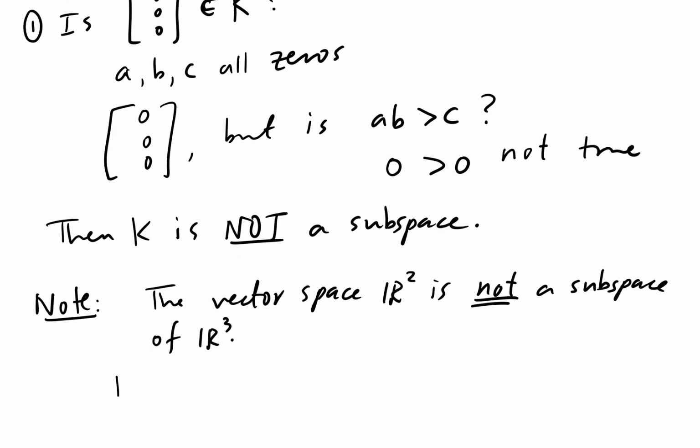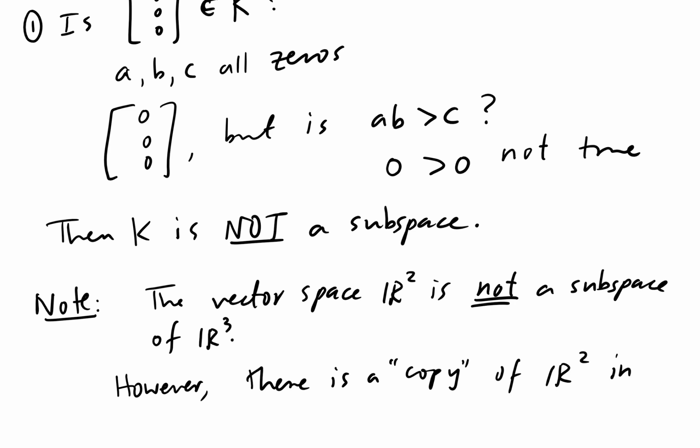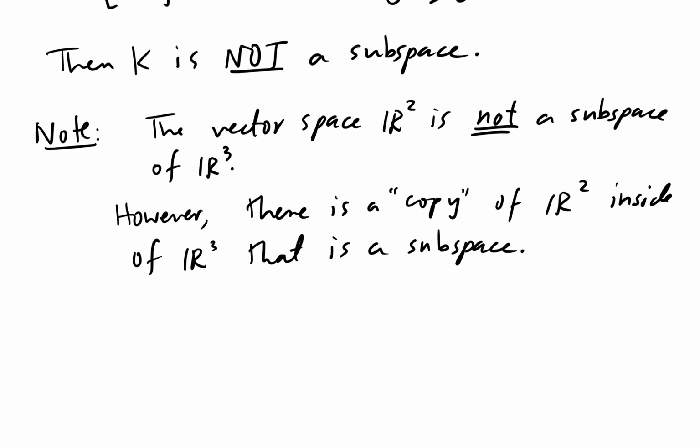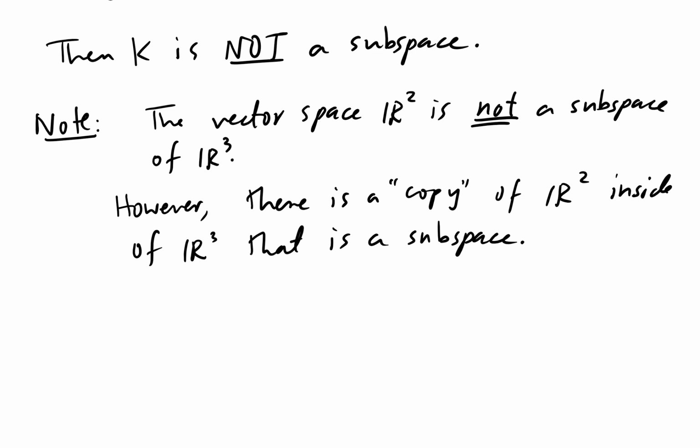However, there is, I call it, a copy of R2 sitting inside of R3 that is a subspace. A copy coming from R2, not R2 itself.